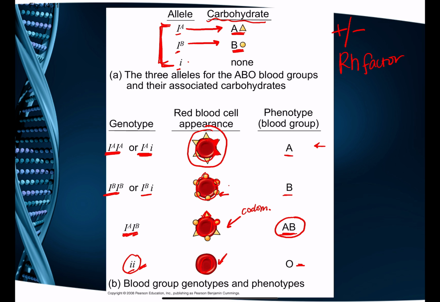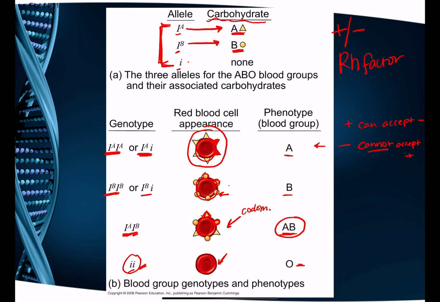So positives can accept negative. Negative cannot accept positive. Okay? And that's again another surface carbohydrate or surface antigen that the cell either recognizes or fails to recognize.